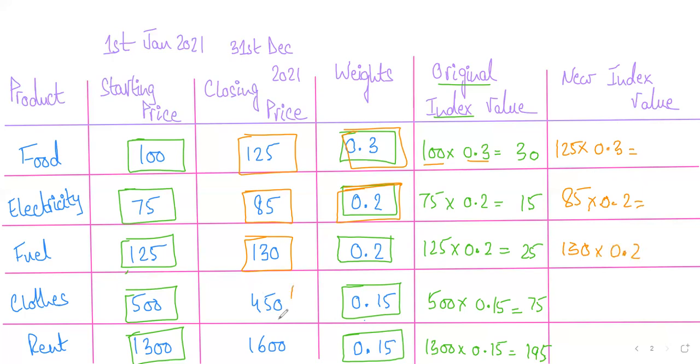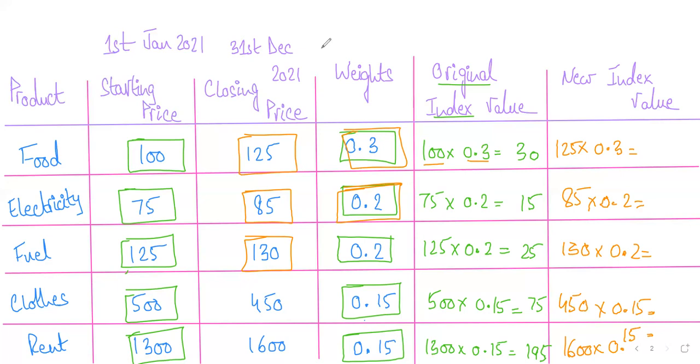Then it's 450 times 0.15. Zohan, can you tell me the values? And then it's 1600 times 0.15, right? So you did the same thing for calculation of new index value, except that now you took new prices instead of original prices. Yes or no? You good on this?